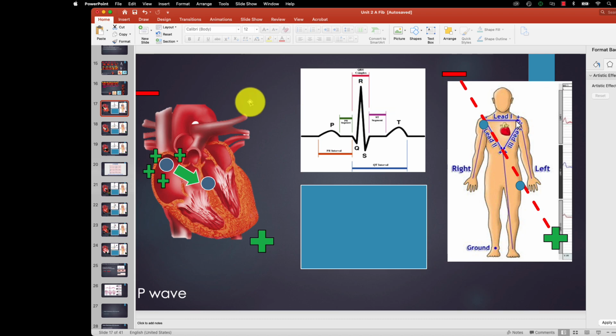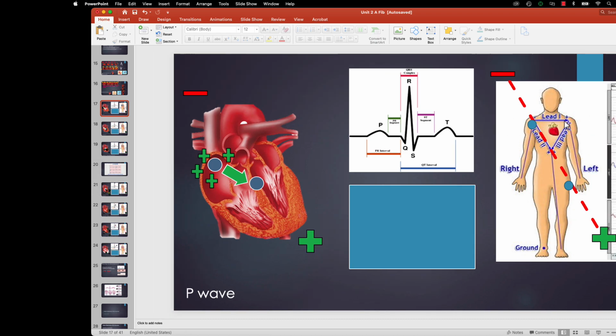If we consider how this all works, we are going to start with the SA node and then the AV node. Okay, so we're going to generate the action potential that is going to fire, and that action potential is going to cross into both atria, and it's going to use the internodal pathway, okay?